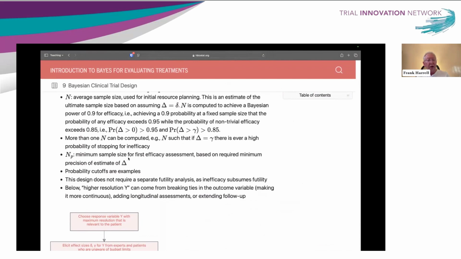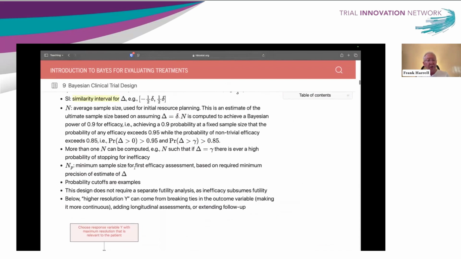So you might say, I want to be able to nail down the difference in systolic blood pressure to within 3 millimeters of mercury. And so if you had a confidence interval, it would have a width of 6. So in the frequentist world, it'd be like half the width of a confidence interval, but we do this in Bayes. So that would be like a Bayesian credible interval. Well, it's half of the width of that.